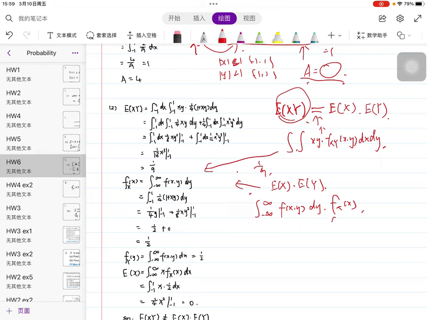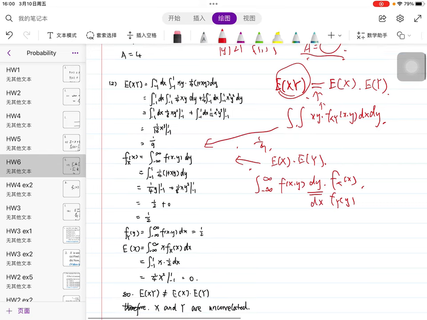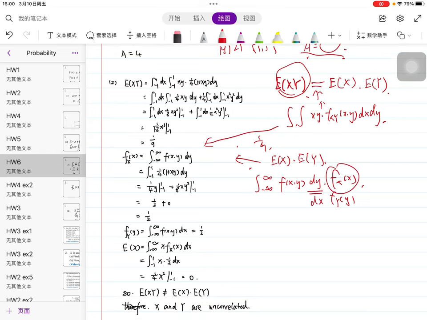If we want to solve the density function of y, there should be dx here. So firstly we solve this and use the definition of expected value, that is x times its density function. This is the first way to calculate the expected value of x.